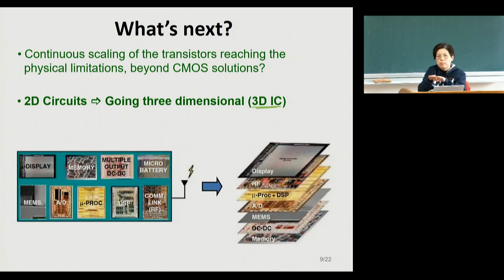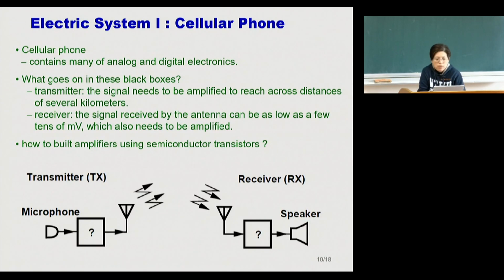Which solution becomes more popular will depend on whether it can be made when cost is considered. So it's not just the performance side, it will always be the cost side in your design consideration. Okay? So the next thing we're going to move on.